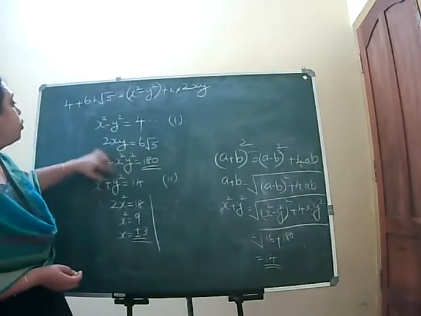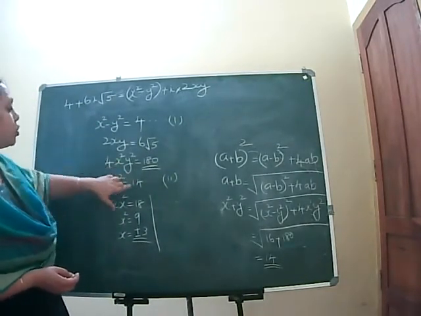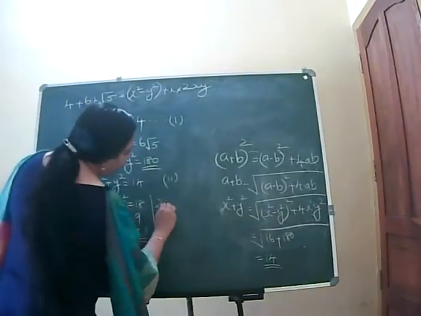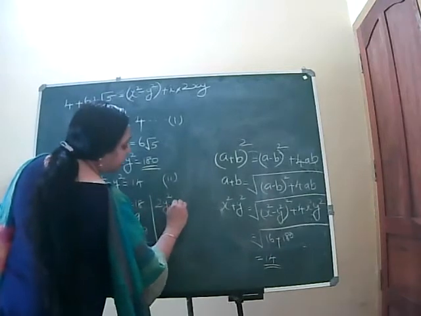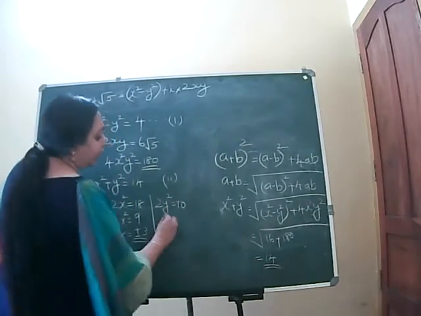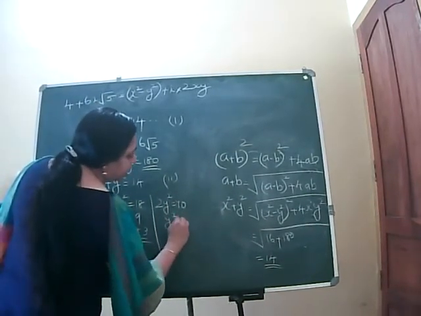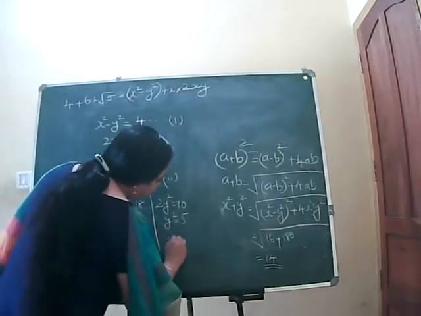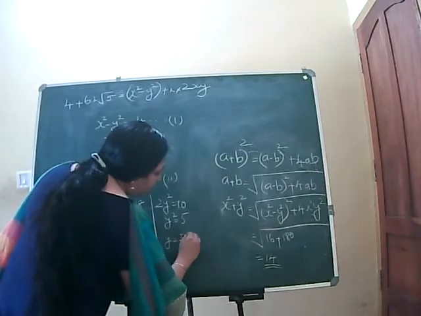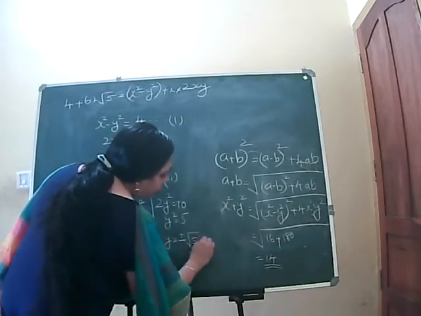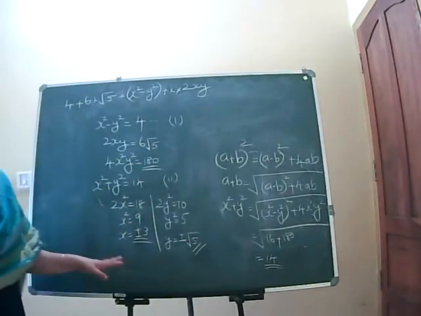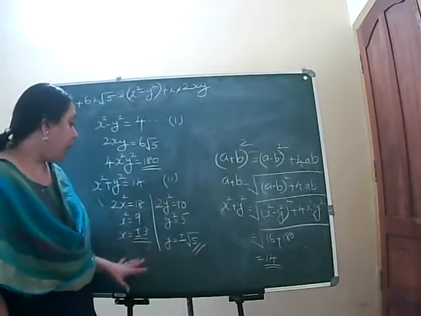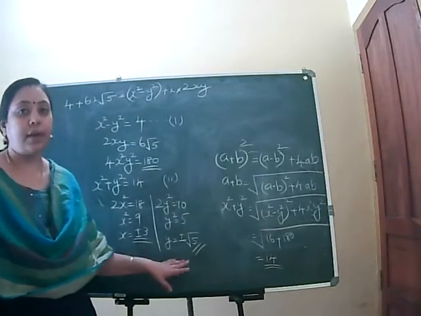Then we get 2y square is equal to 14 minus 4, that is 10. 2y square is equal to 10, that is y square is equal to 5, and then y is equal to plus or minus root 5. Okay, now we have the values of x and y.